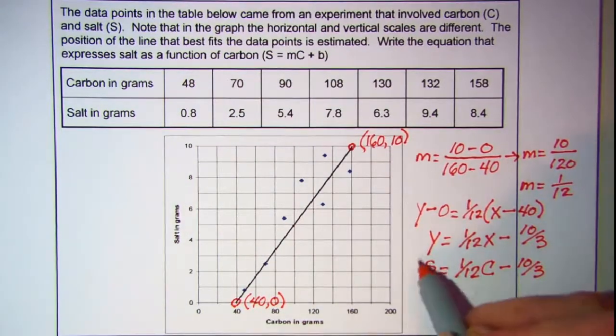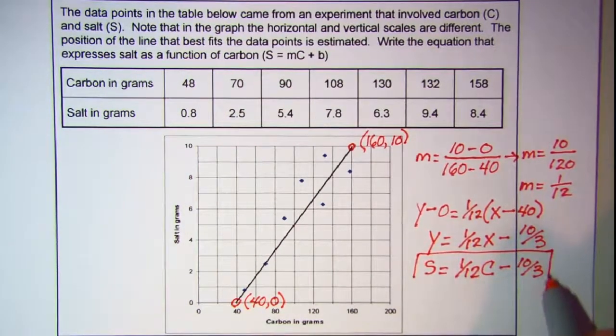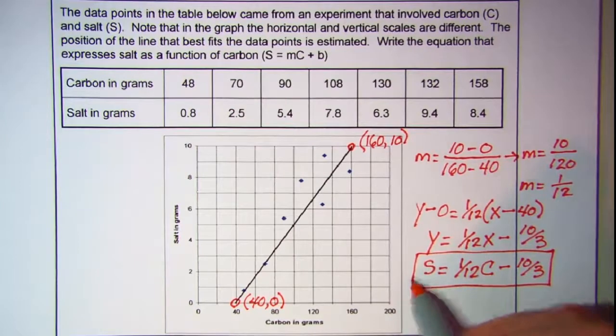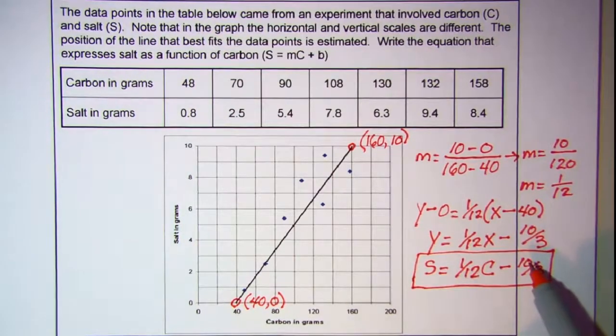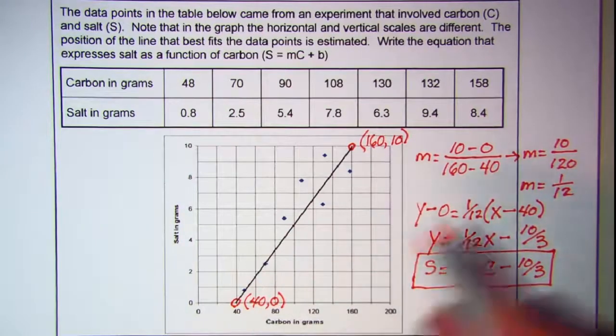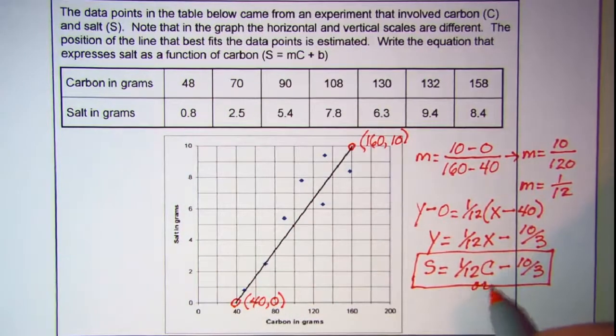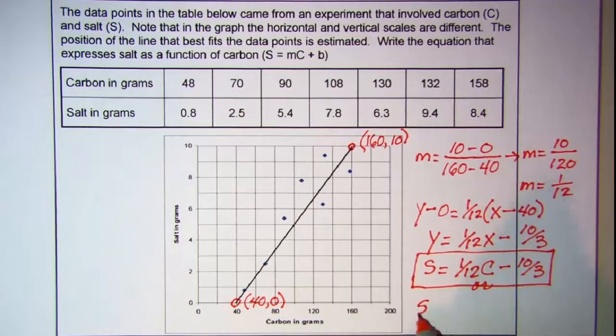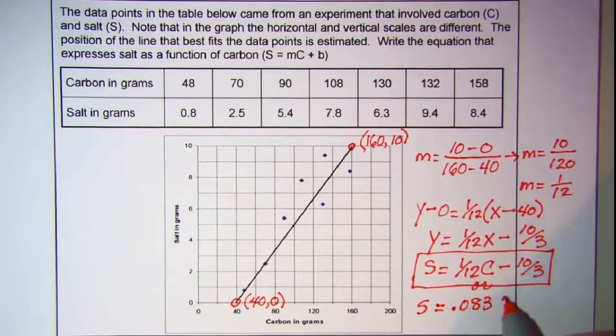Now this is one way to write the answer, but as I said before, this is an approximate equation for our data points. So we could use the decimal equivalents. So I could write 1/12 is approximately 0.083, and 10/3 is approximately 3.33.